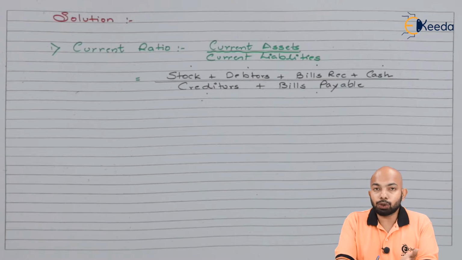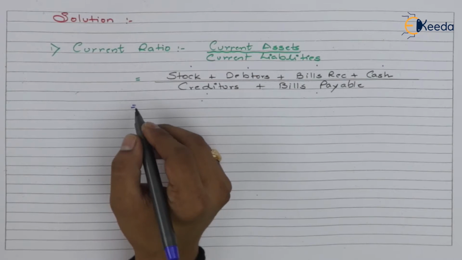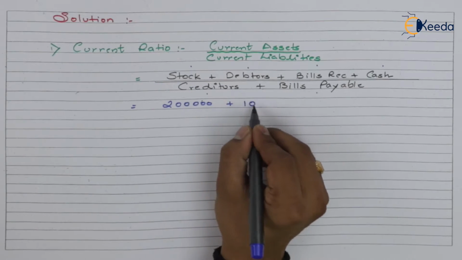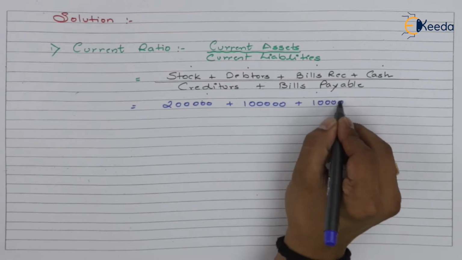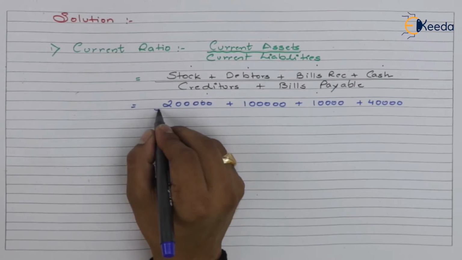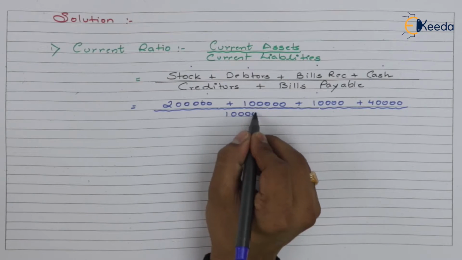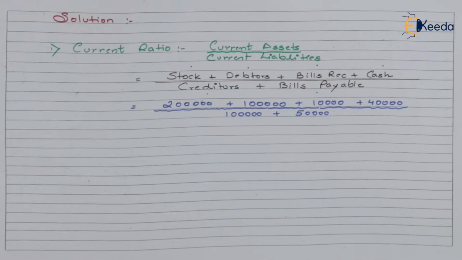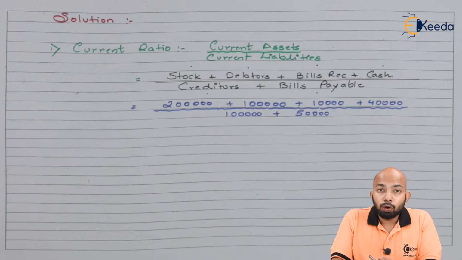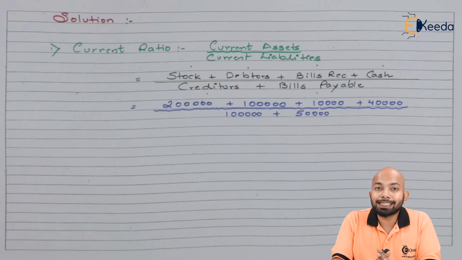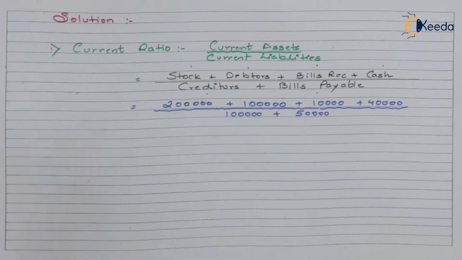We just have to add those totals and see what ratio comes up. We have mentioned all the totals according to the items in the formula. Now we'll be totaling it up and seeing what current ratio comes up.